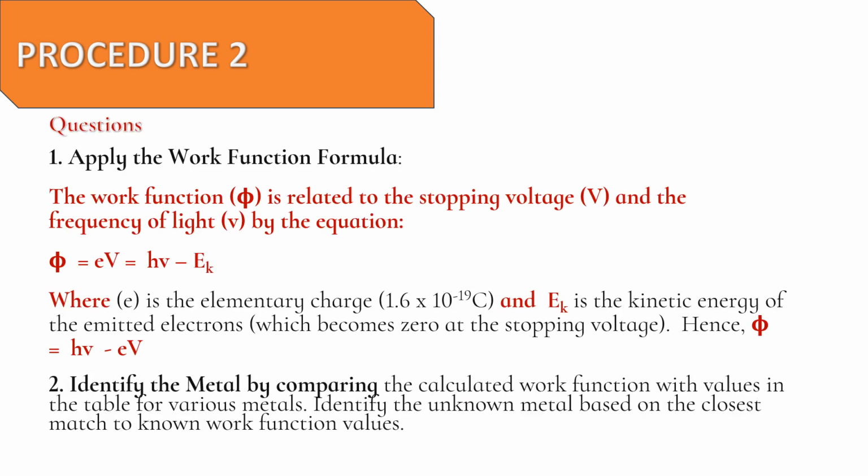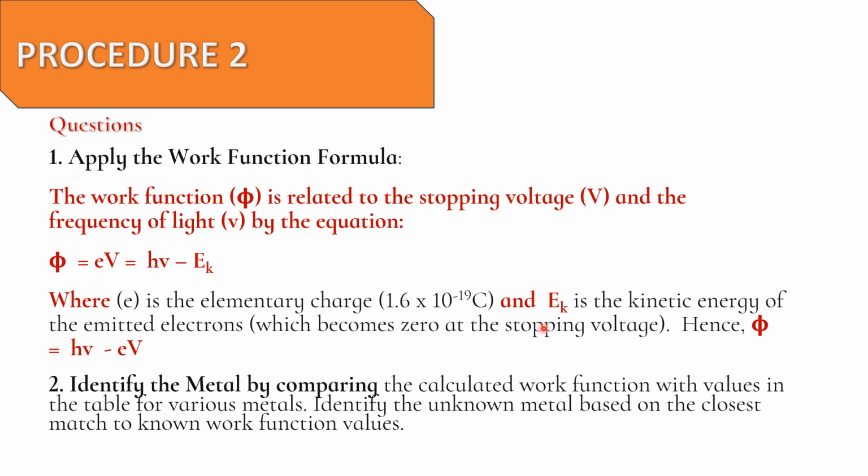Having gotten your stopping voltage, you need to pay attention to this in order to be able to calculate the work function. The work function is related to the stopping voltage as phi is equal to eV, where V is the stopping voltage and e is the electronic charge, 1.6 times 10 to the power minus 19 coulomb. And then you have hv, you are familiar with this, and every other thing you are familiar with.